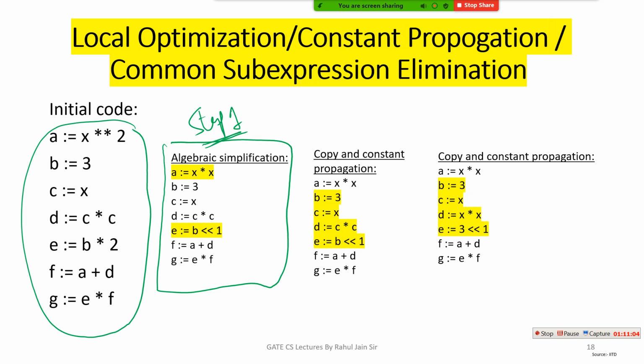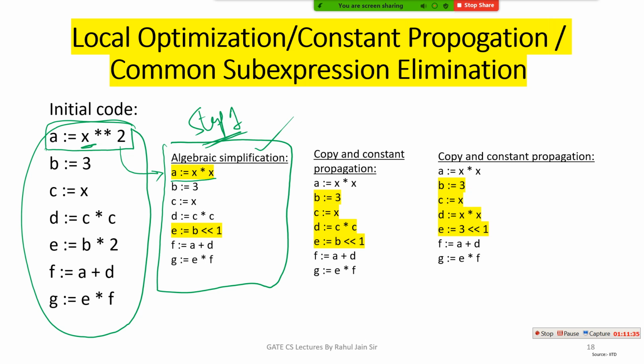This step is simply the algebraic simplification, which means we just need to write it in the simplest form of algebra. So a equals x into 2 can simply be written as a equals x into x, which means we are multiplying x with x, that is x to the power 2. So this can simply be written as x into x.